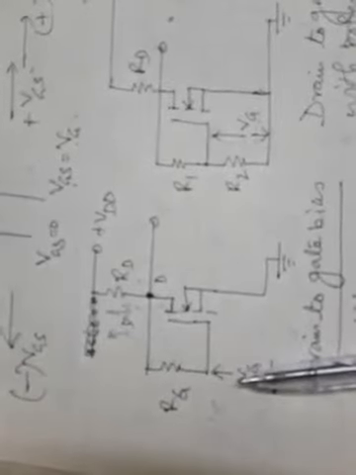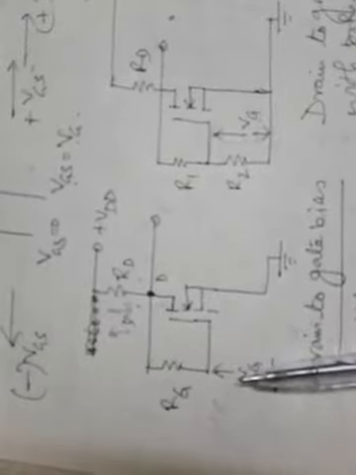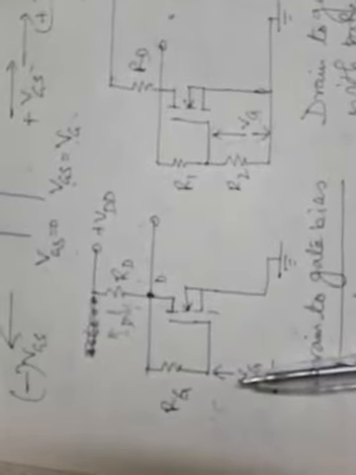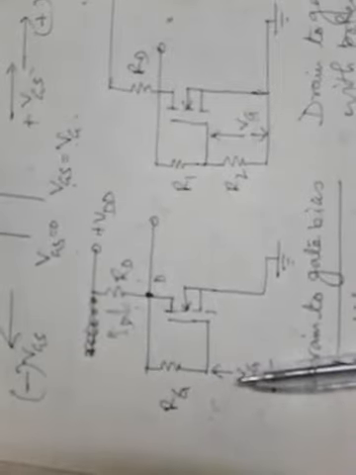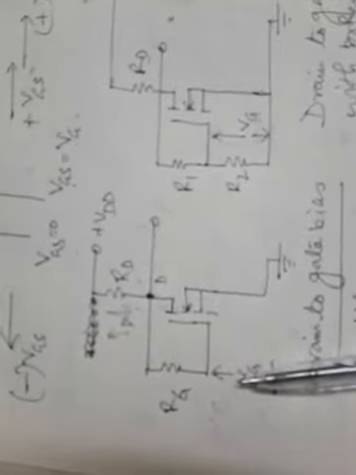And in a situation where direct drain to gate connection would make the drain source voltage too low, that means if VDS is very low, the third circuit, this one, will be suitable. So this circuit will be suitable for VDS of very low value.